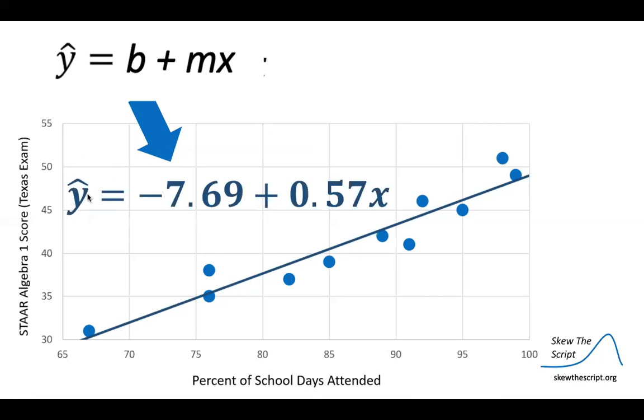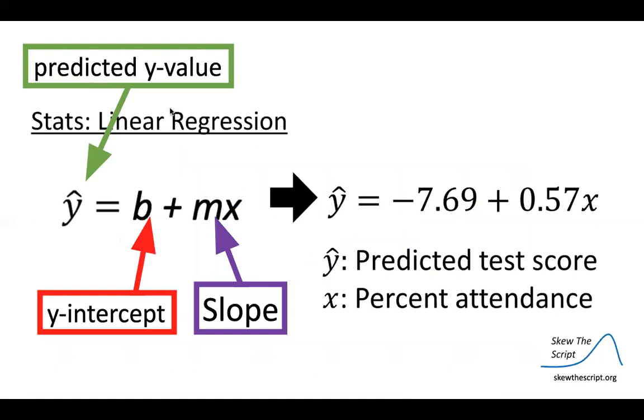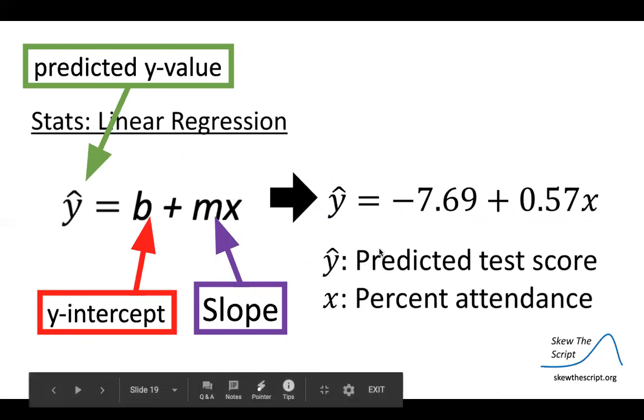When the computer ran this program, they got y hat equals negative 7.69 plus 0.57x. And this y hat, I just say that y is wearing a hat, and this is a predicted value. So in my linear regression equation, this y hat is the predicted y value. There's my y-intercept, and there's my slope. And here in this case, y hat is my predicted test scores, and the x is that percent attendance.